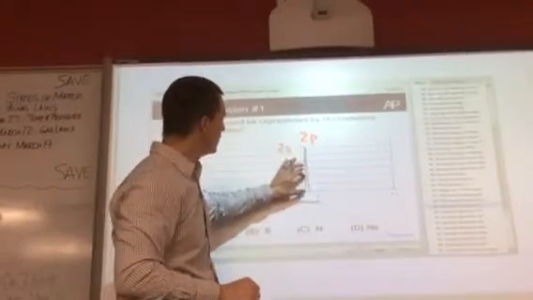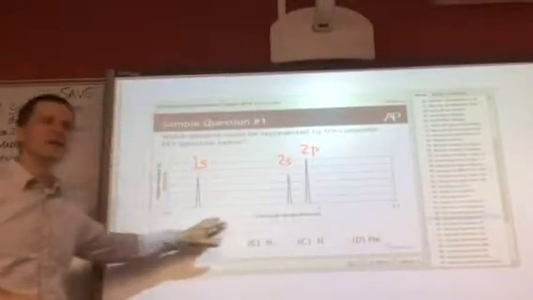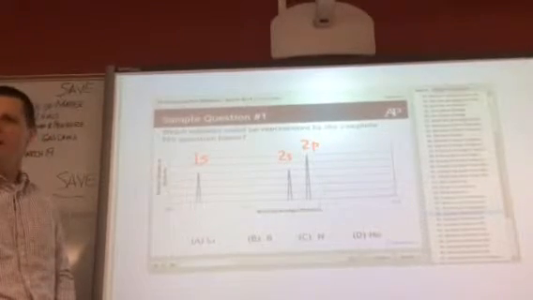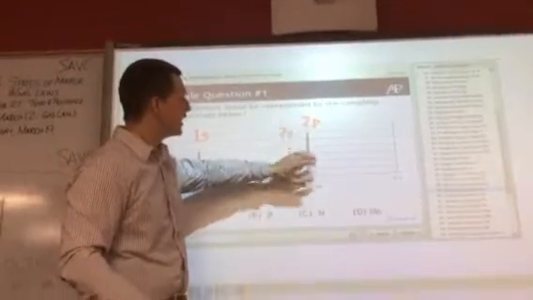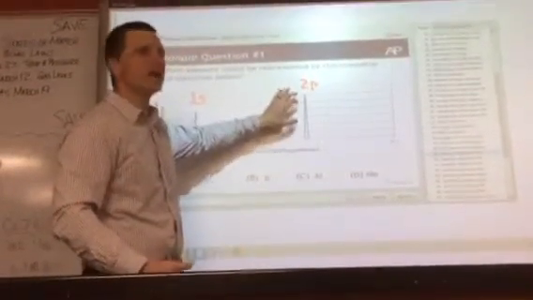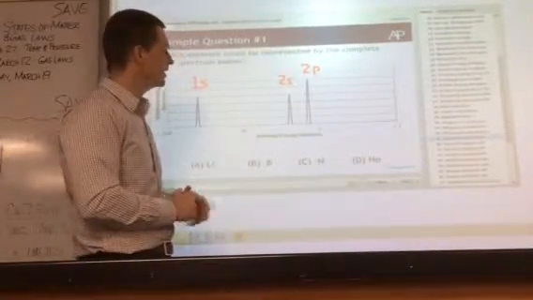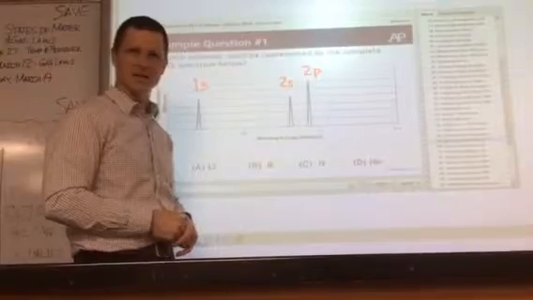Well, this spike, 1, 2, 3 electrons. What element is this most likely the PES for? That would be nitrogen, that's right. 2 electrons in 1s, 2 electrons in 2s. 2p is bigger, it looks like it's a third bigger. So that would be, I should say 3 over 2 bigger. That would be nitrogen. That's how you use PES data.